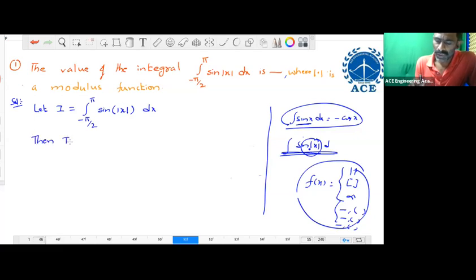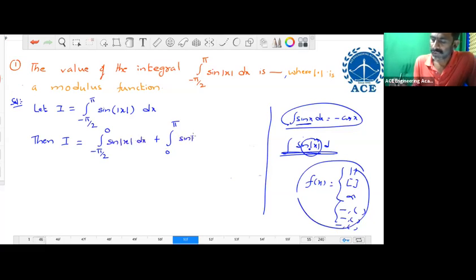Then I equals the integral from minus pi by 2 to 0 plus the integral from 0 to pi of sine of mod x dx.